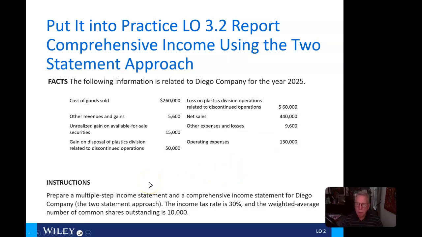They want you to prepare a multiple-step income statement and a comprehensive income statement for Diego Company, the two-statement approach. The income tax rate is 30%, and the weighted average number of common shares outstanding is 10,000 shares.